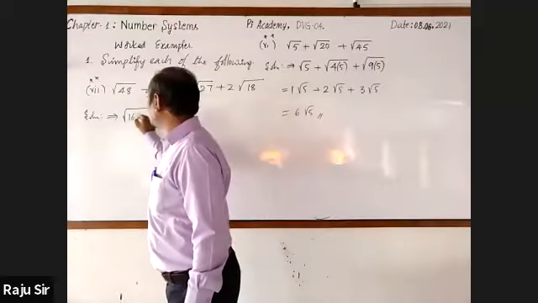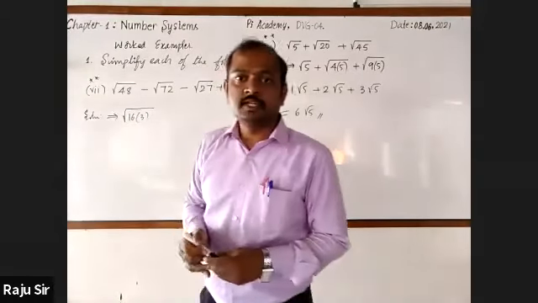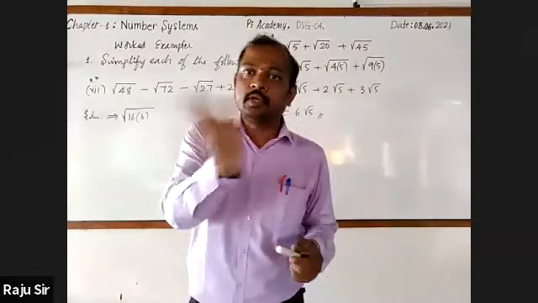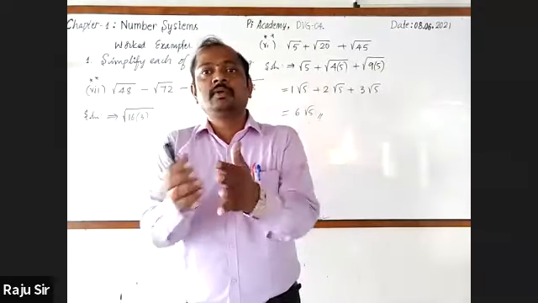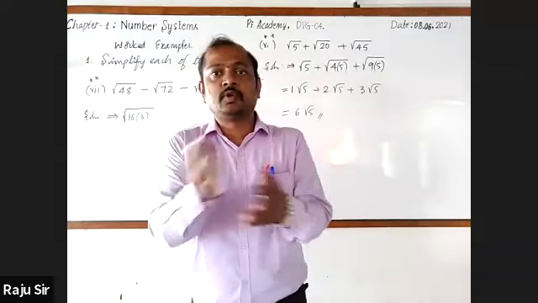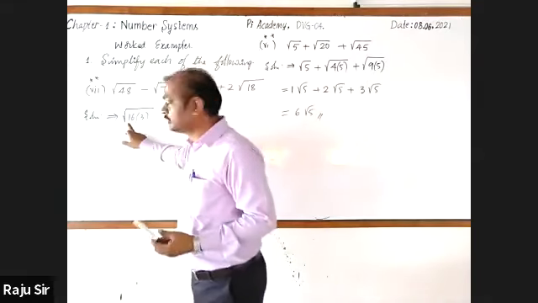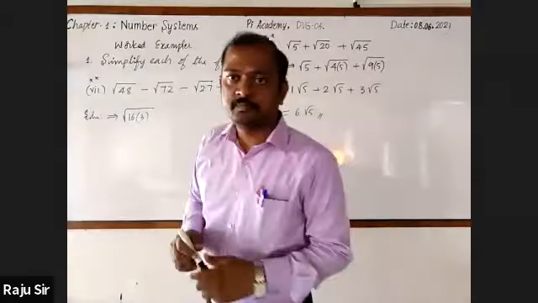Yes, you are right. It is 16 3s are 48. See, 16 is a perfect square. You can write 4 into 12, but again you have to simplify 12. So it is better to take 16 3s.